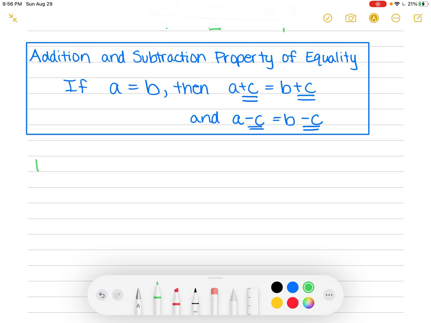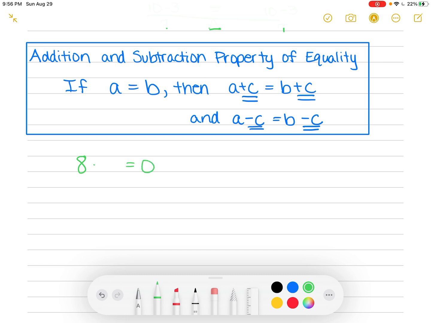Okay, so here's example 1. Actually, I'm sorry, I don't want to do example 1 yet. Let's go back and talk about this. Okay, let's say I have the number 8. How can I make that equal to 0?